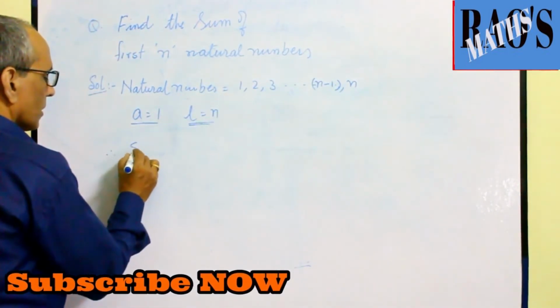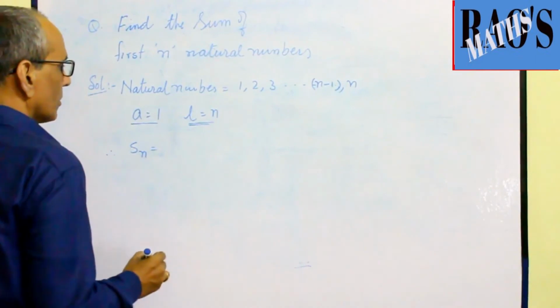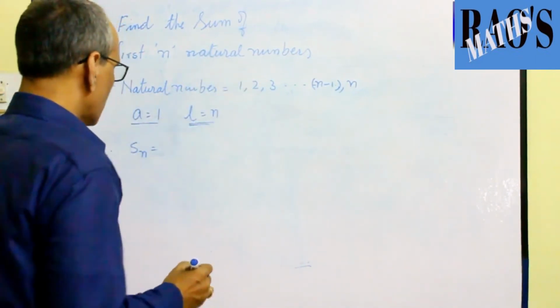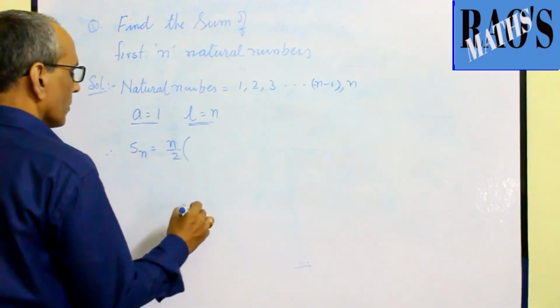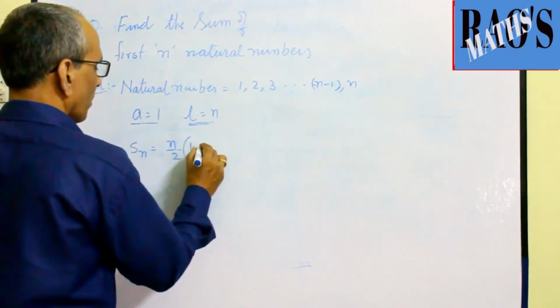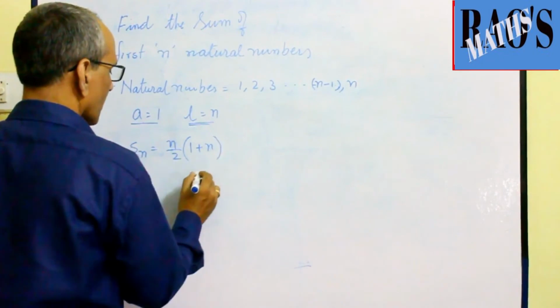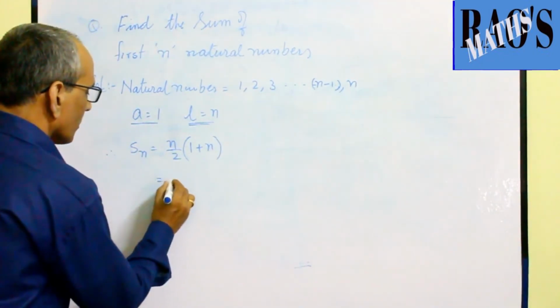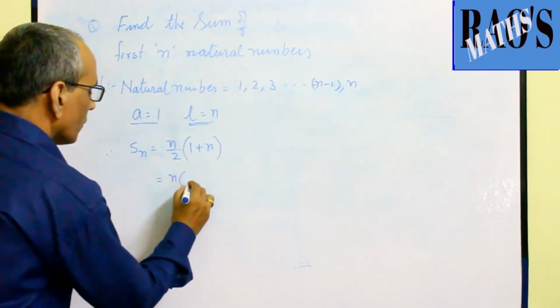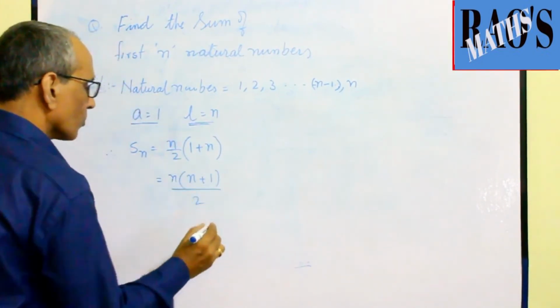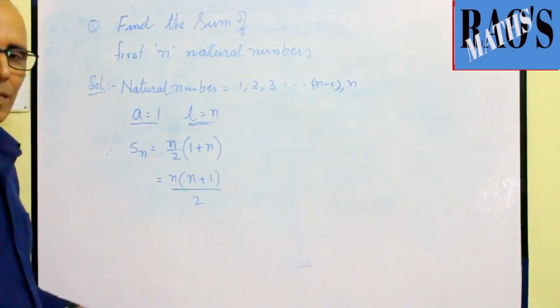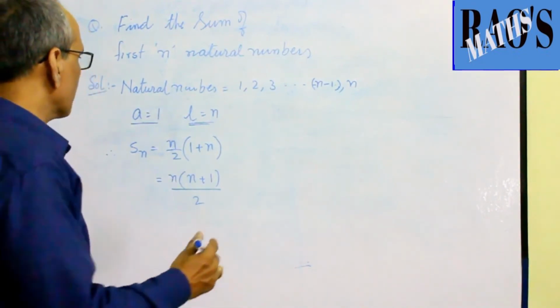Therefore, sum of n terms in case of natural numbers is n by 2 of 1 plus n, that is, n of n plus 1 by 2. This is the formula to find the sum of n natural numbers.